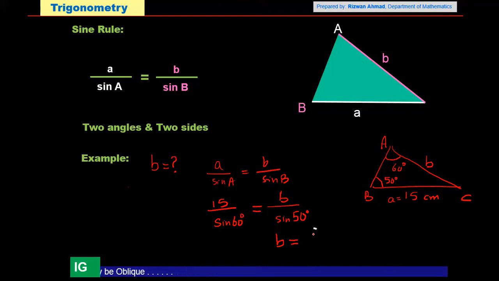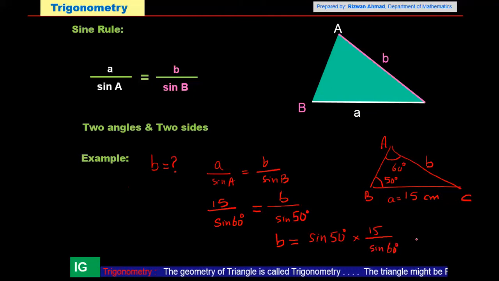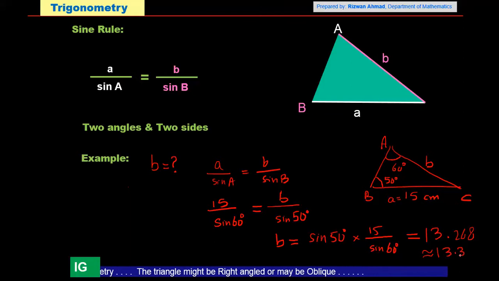So it will become sine 50 degrees times 15 over sine 60, which will be equal to 13.268, which we can round to 3SF as 13.3 centimeters. So this is the way how to find one of the missing sides when one side and the angles opposite to these two are given.